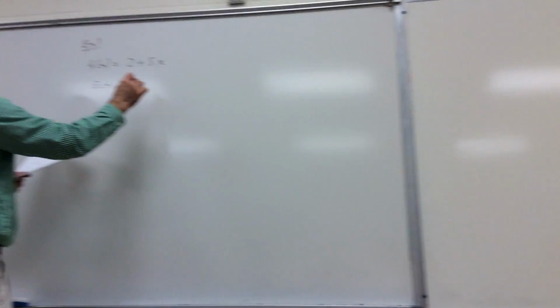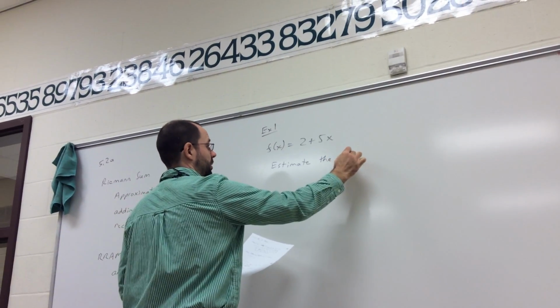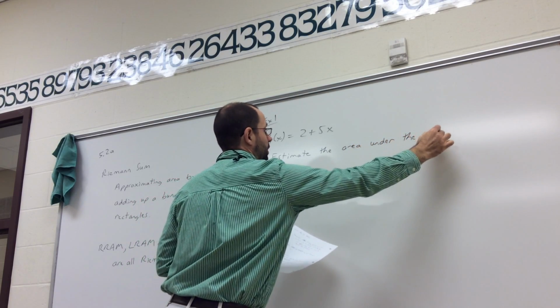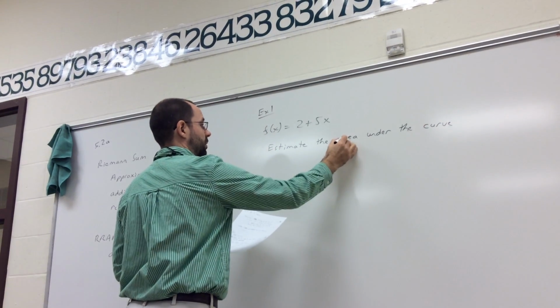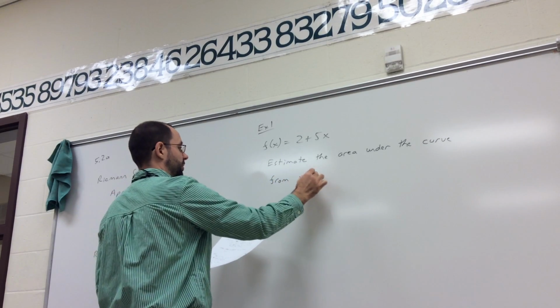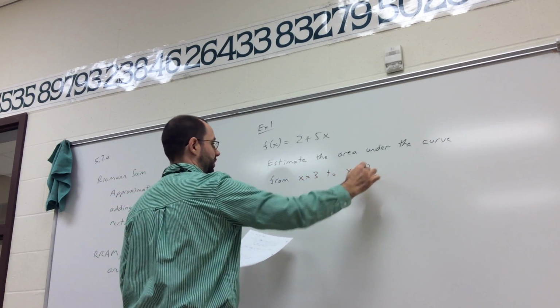Okay, so we're going to do some more of that today. And we're going to look at f of x equals 2 plus 5x, and we're going to estimate the area under the curve from x equals 3 to x equals 7.